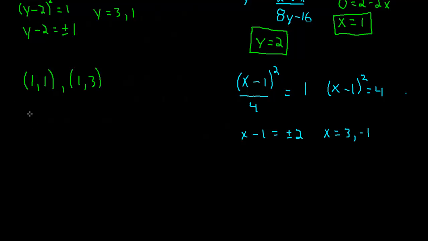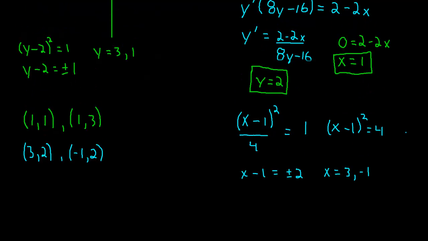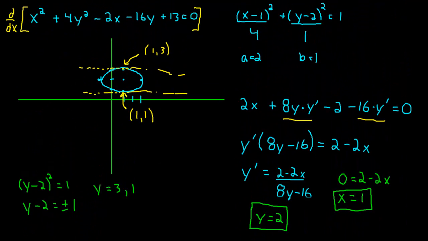Okay, so our other two critical points then. We have an x value of 3, which I got from right here, and that gives us a y value of 2. And the other one is when your x value is negative 1, and that happens when y is 2 as well. So now if we scroll back up to the page, it's really easy to see which are the maxes and which are the mins.